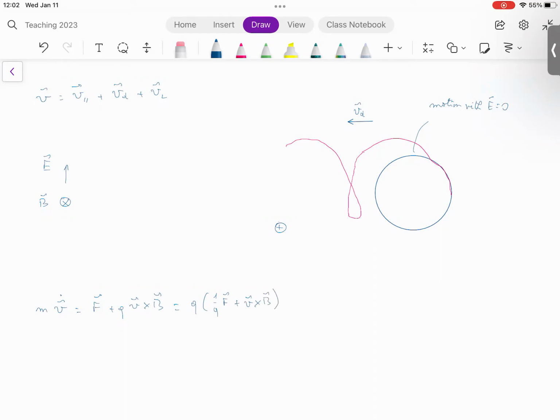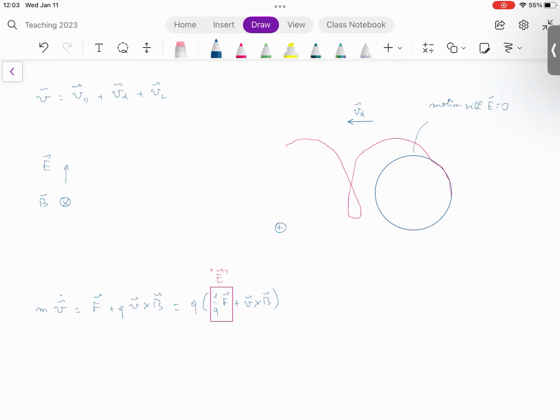Well, do you see that this is the same equation I had before? I'm just going to rename my expression here and call it E. And then I know what the solution of the equation of motion for this particle is.